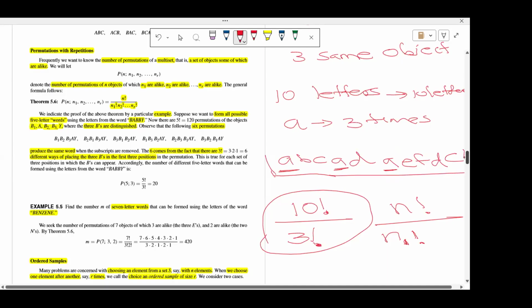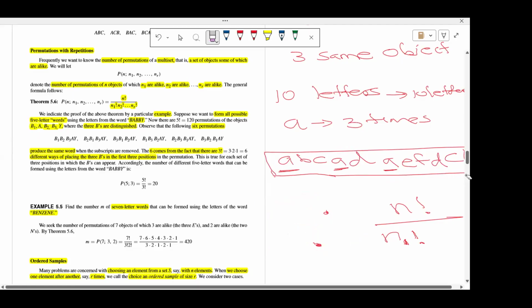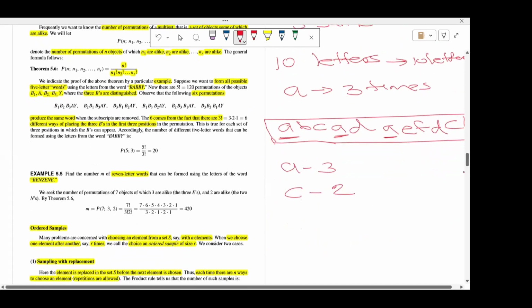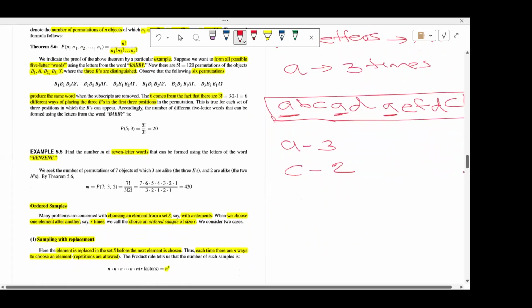Tell me the occurrences of each letter. Now the scenario is different, but the same thing we can apply. How many A's? We have three A's. How many C's? Two C's. How many D's? Two D's.